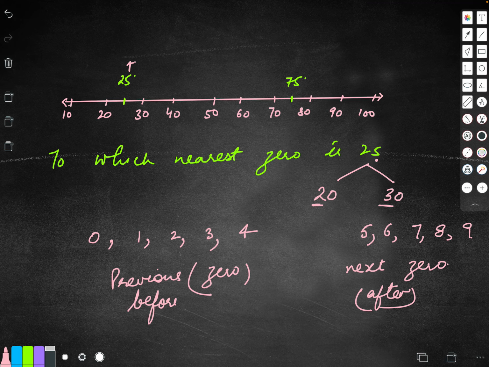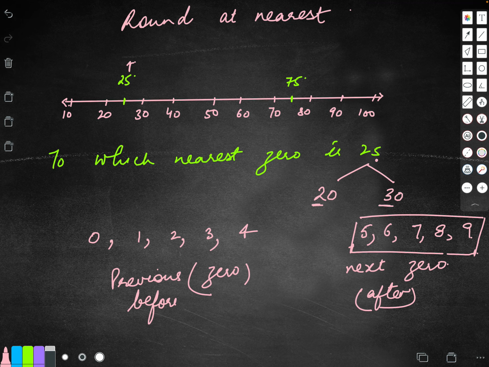Or in some words, some teachers might even explain it to you that I am teaching you how we round to the nearest 10. We observe the ones digit. If the digit at the ones place is 0, 1, 2, 3, 4, it will be rounded to the previous one.